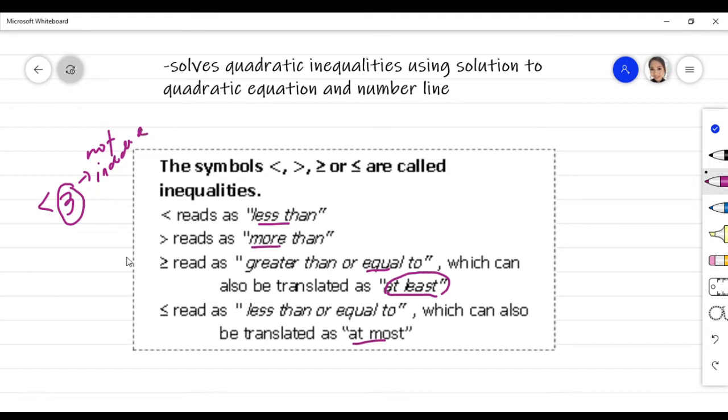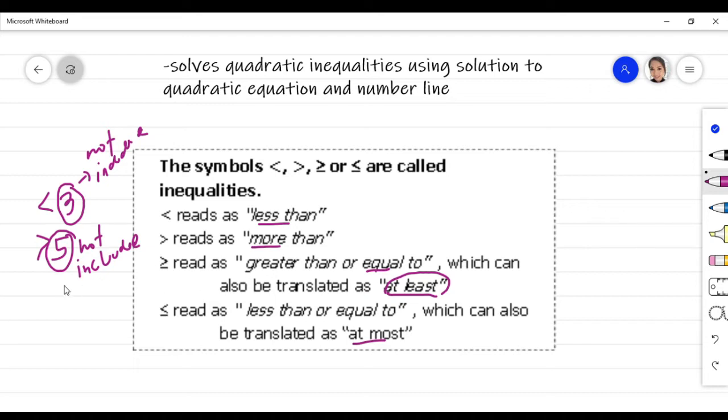Here for more than, let's say greater than 5. These are the numbers that move to the right of 5, but 5 is again not included. It could be 5.5, 6, 7, 8, 9, 10, and so on.